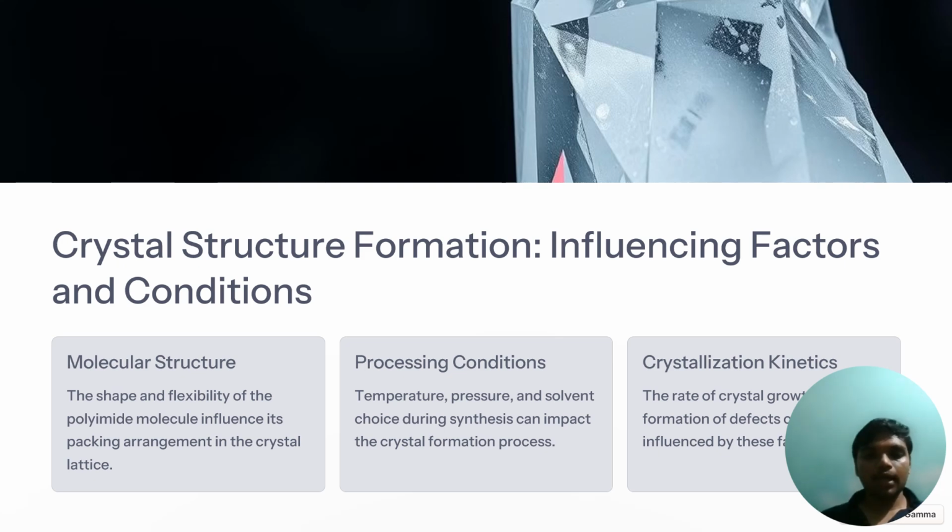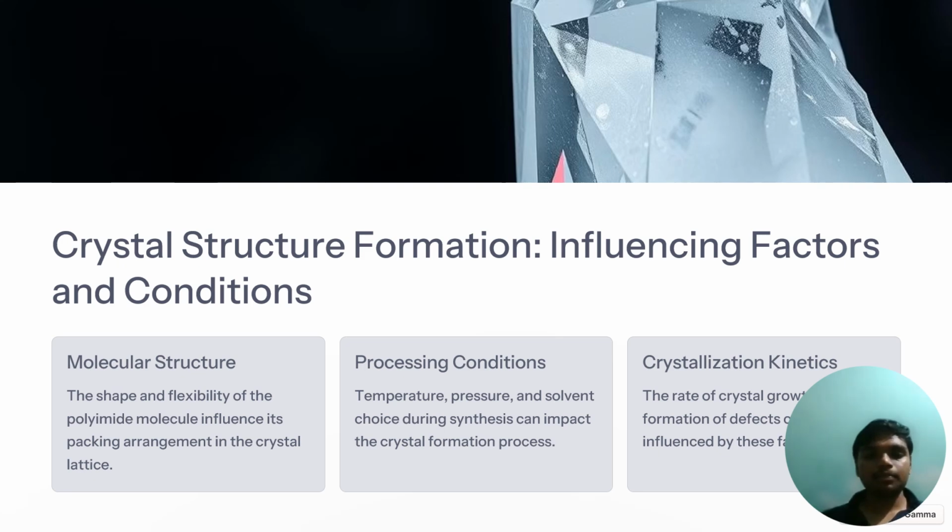Some polyamides like nylon 6 can form a crystalline structure with distinct patterns, while others may remain mostly amorphous. Amorphous versus crystalline.